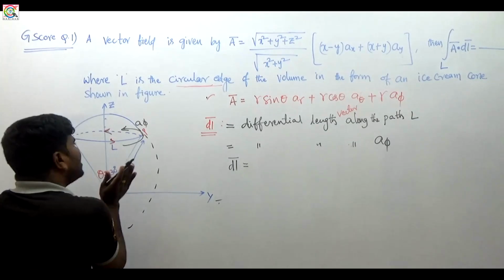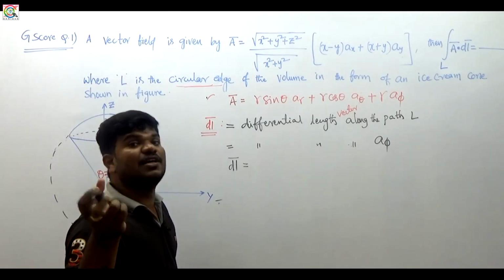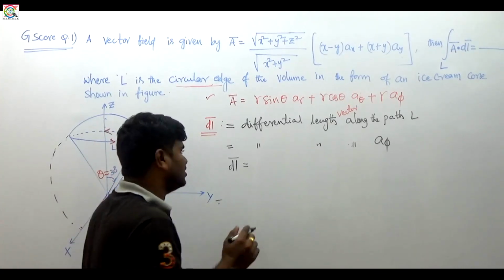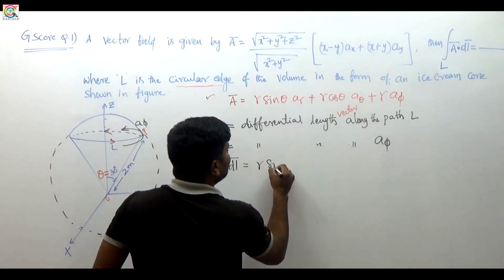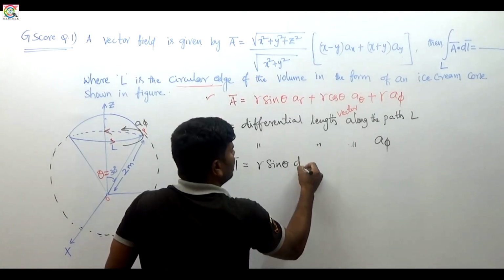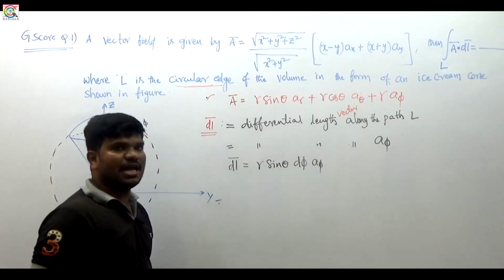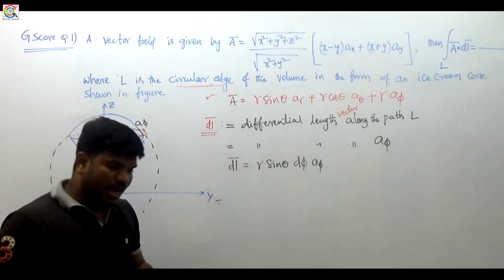The differential length vector in the phi direction in the spherical coordinate system is r sin theta d phi a_phi.